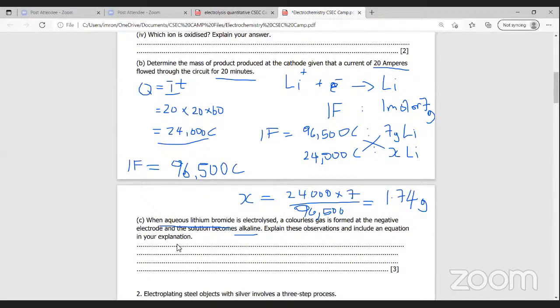Somebody says bromine gas. Someone is saying 4OH minus goes to 2H2O plus O2 plus 4e. Somebody said hydrogen is given off. Interesting one.